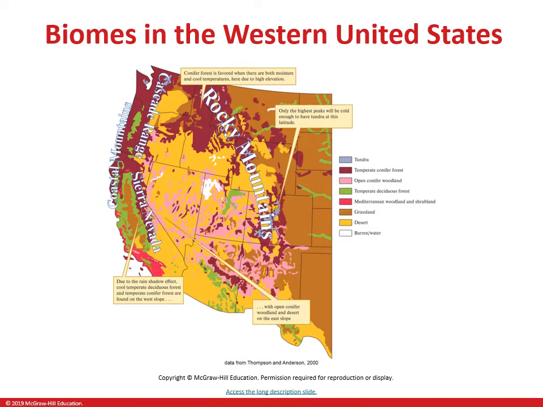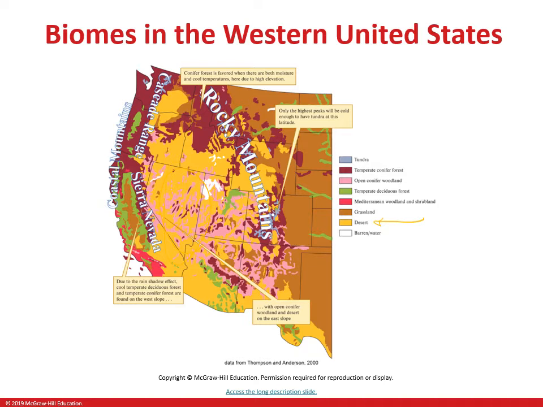We can see that the yellow areas are the desert areas. We've got the Sierra Nevada mountains here, and to the right of the Sierra Nevada mountains, we've got all this desert area, and this desert area has a little bit of woodland and little bits of forest, depending on little outcroppings here and there.